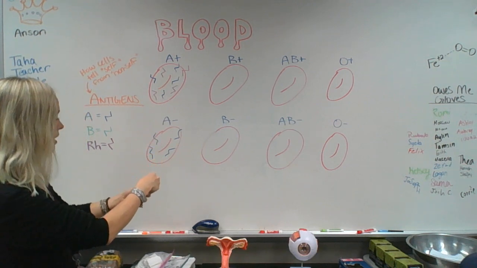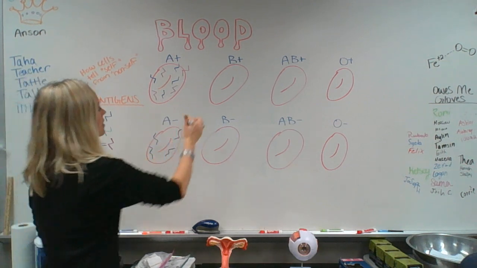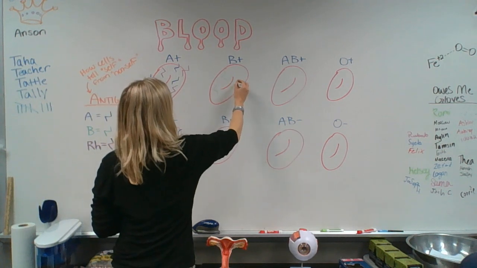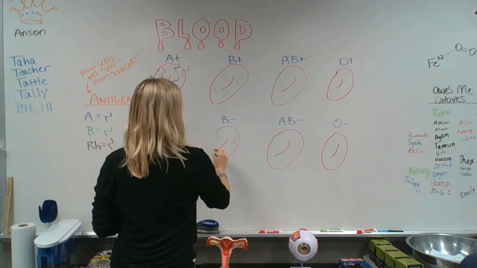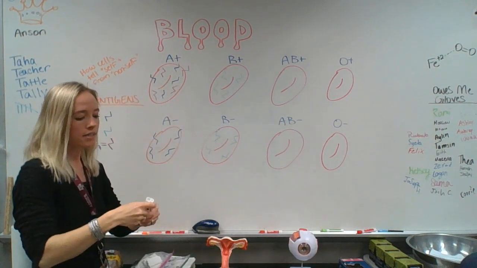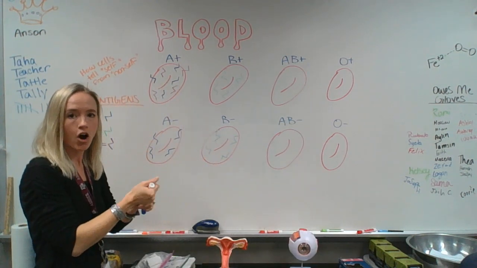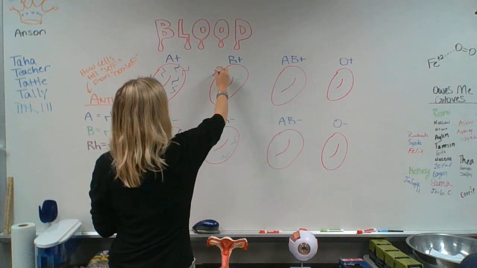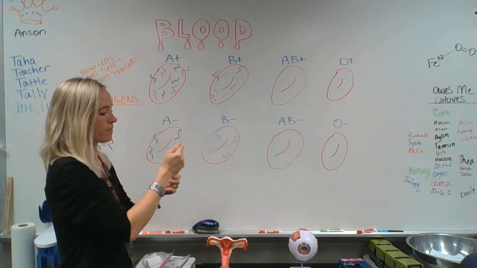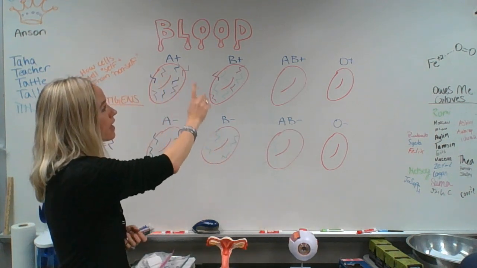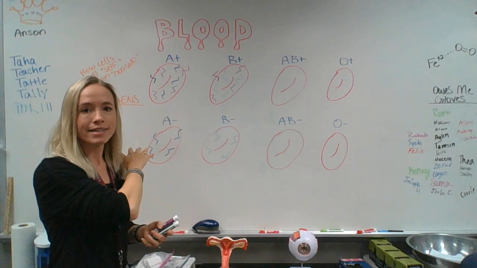B blood would have the B antigen like this, sticking off the surface, and if it's positive, it also has the RH, like this. AB positive has everything.